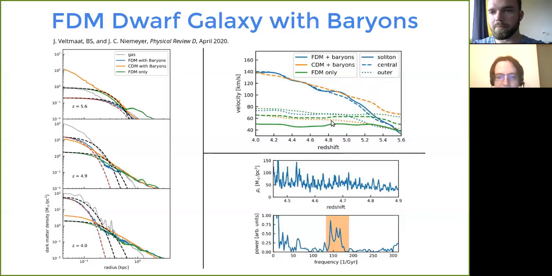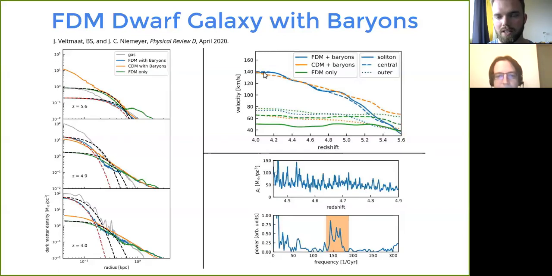But as soon as we include baryons, and that's independent of whether we look at cold dark matter plus baryons or fuzzy dark matter plus baryons, we see that these baryons actually heat up the central part, and that the soliton velocity therefore also increases if we include baryons. And that actually makes the ground state solution more compact, since higher velocities result in smaller de Broglie wavelengths.